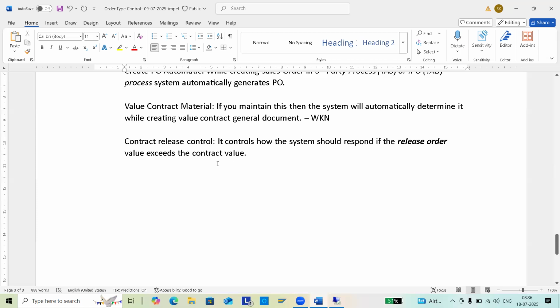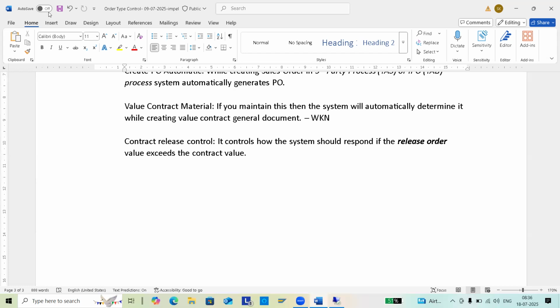So that 10 quantity or partial quantity order will be considered a release order. You are releasing from the total agreed quantity; out of 100 you are releasing 10 quantity. So that order will be considered a release order.